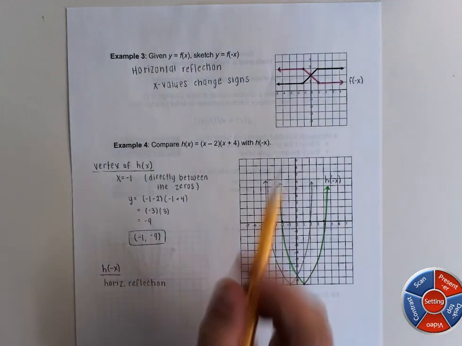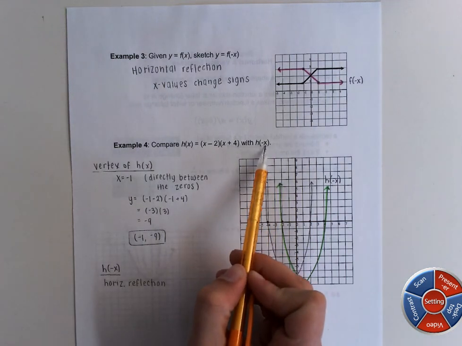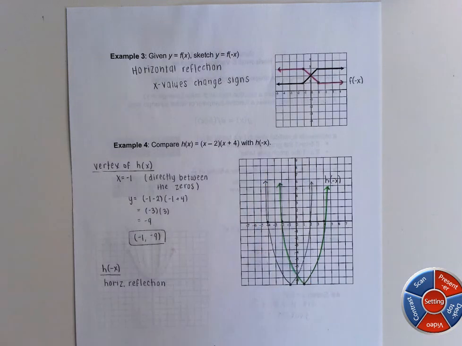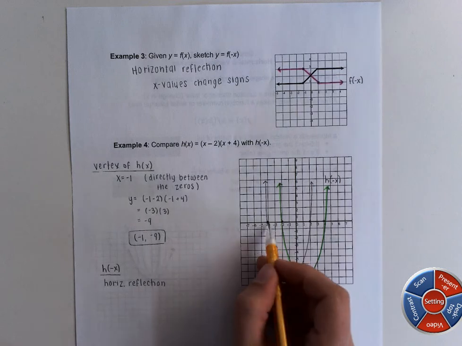But I've asked you to sketch h of negative x. So this is a horizontal reflection. Again, you're going to reflect all of your points over the y-axis. Here we have an x value of negative 1. It's going to become positive 1. Here we have an x value of negative 4.